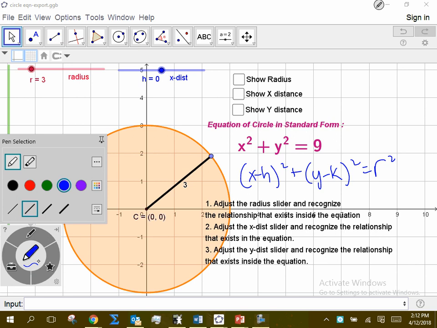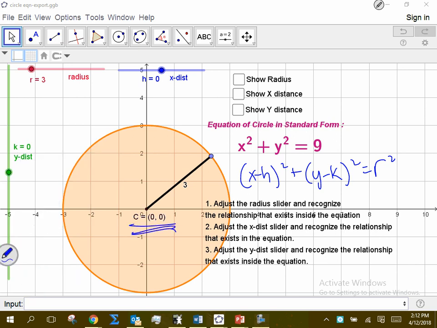Now, h and k are that point right there. h is the x coordinate, k is the y coordinate. So if it's x minus 0 and y minus 0, we write that as x and y, right? You see the radius here is 3, correct? Do you see where that 3 turns into 9 right here? Because we square it. Does that make sense, everybody?